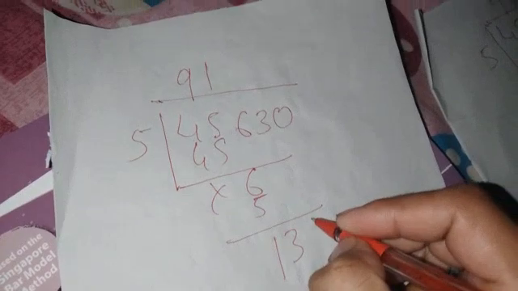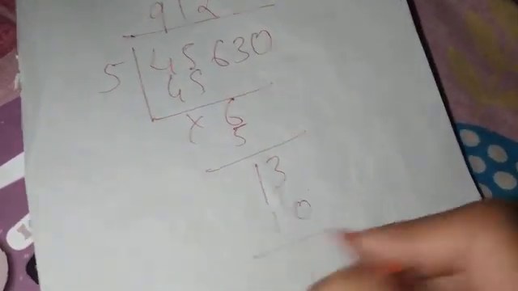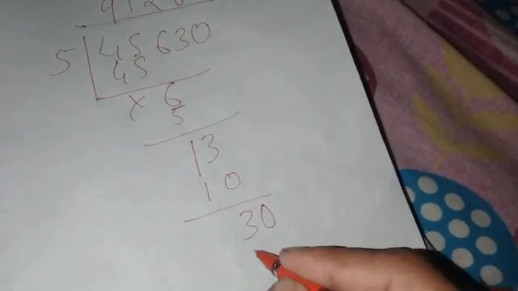Now let's divide and we'll find the correct answer. 45630 divided by 5: 9 fives are 45, 6 comes down, 1 five is 5, and so on. Continuing the division, our answer is 9,126.